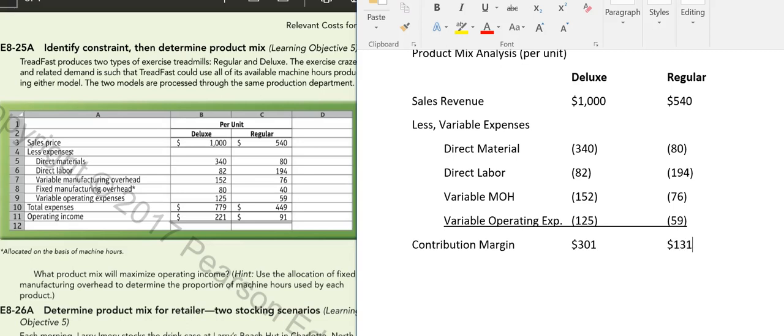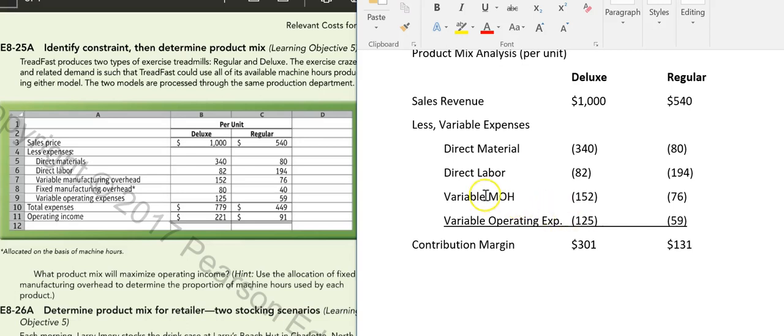It seems that the deluxe one has a higher contribution margin, but we have to think of our resource constraint. If we would like to produce and sell only one model, then our resource constraint is machine hours, because we will have a certain limited number of machine hours. Our fixed overhead expense is driven by the machine hours.